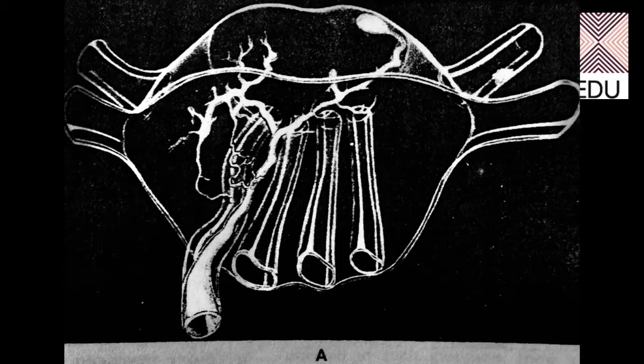Here there is one giant motor neuron. The white structure with some branches is the giant motor neuron, and it is also showing the relation of this giant motor neuron with one of the 4 giant fibers. You may find the connection between this giant motor neuron and the lateral giant fiber.